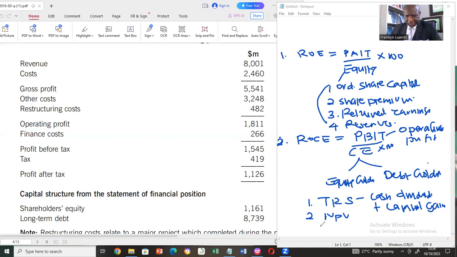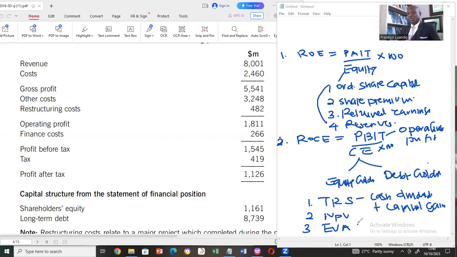Number three, can also use EVA. EVA is economic value added during the year. EVA is also closest linked to cash flows because you have to make a lot of adjustments to eliminate the non-cash items.